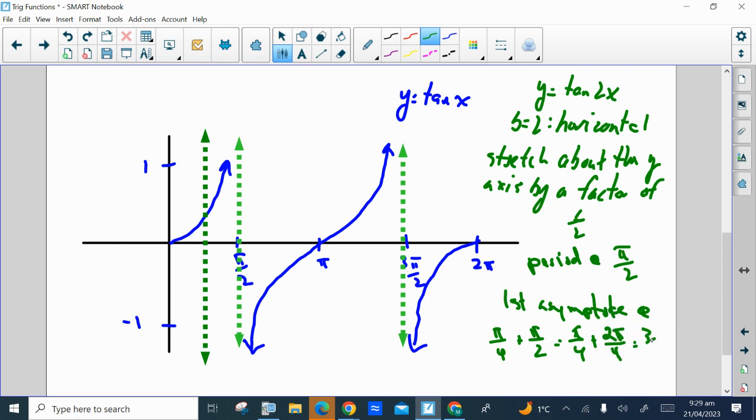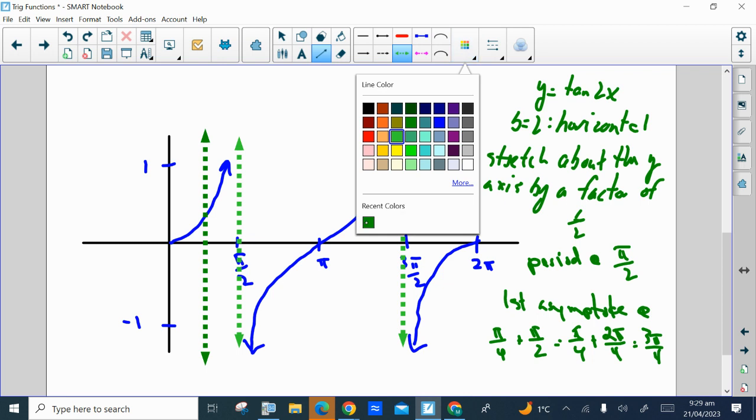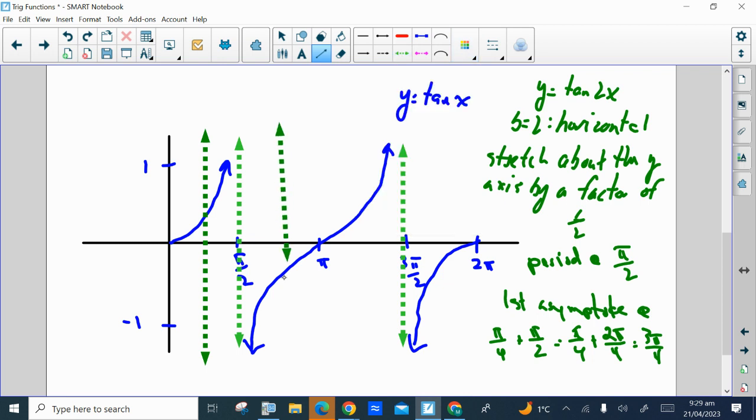So the next asymptote will be 3 pi on 4, which is halfway between 2 pi on 4, which is pi on 2, and 4 pi on 4, which is pi. And I can continue that pattern on.